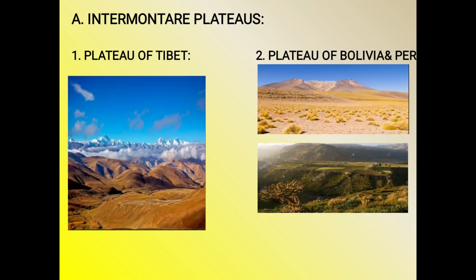Second is the plateau of Bolivia and Peru. This is another excellent example of an intermontane plateau. It lies largely in Bolivia at an average elevation of more than 3,692 meters, that is 12,000 feet above sea level.